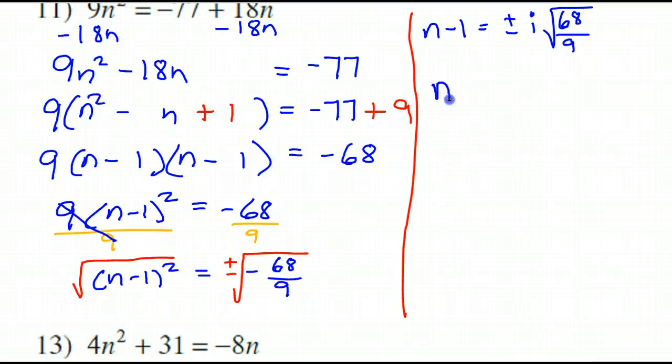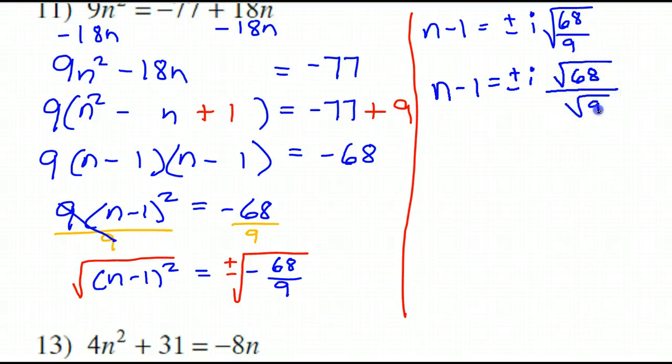So this is what you do. So we've got plus or minus i. When you take the square root of a fraction, it's the same thing as the square root of the top divided by the square root of the bottom. You could just take the two square roots separately. So this is going to give me n minus 1 equals plus or minus i.